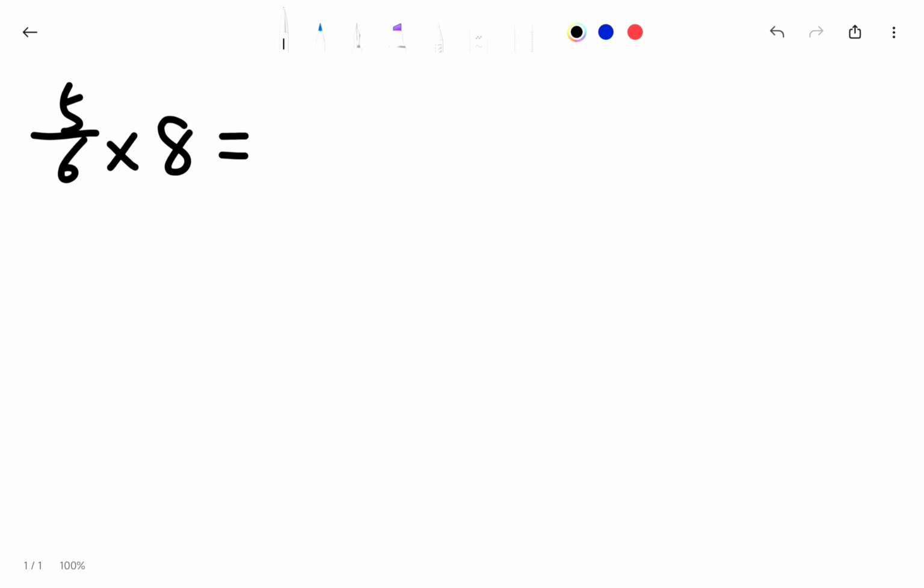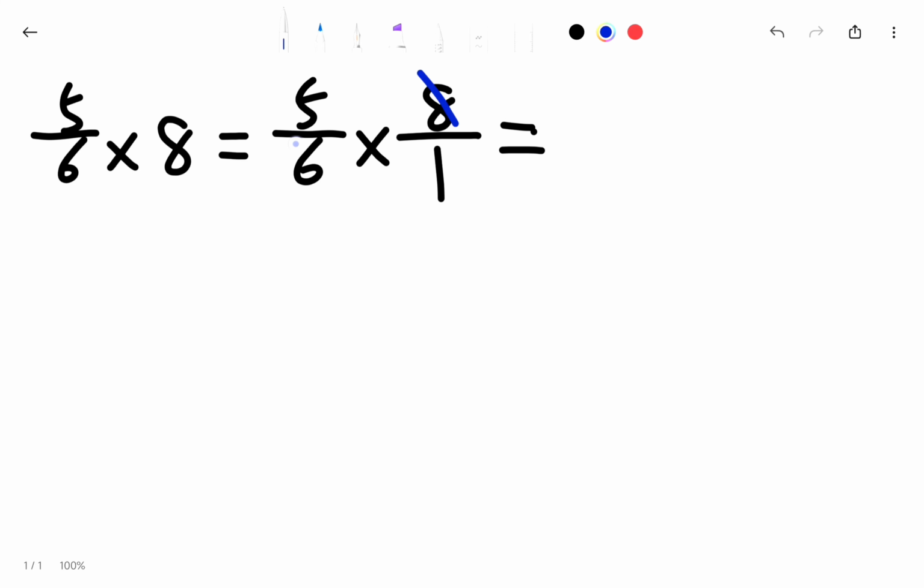The answer is yes, because 8 is the same as 8 over 1. Remember to simplify beforehand, if you can. There you go.